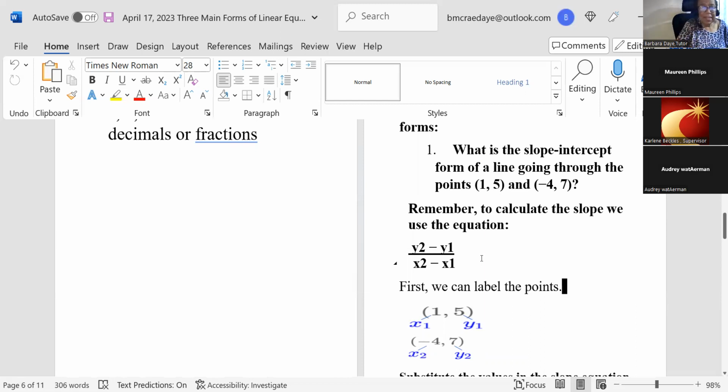I said, when I give you some slope-intercept type questions, the first question I will ask you is which setup is correct to calculate the slope. And I give you 2 points. That means you've got to give me y2 minus y1 over x2 minus x1.